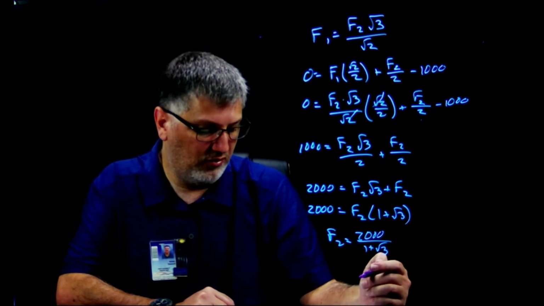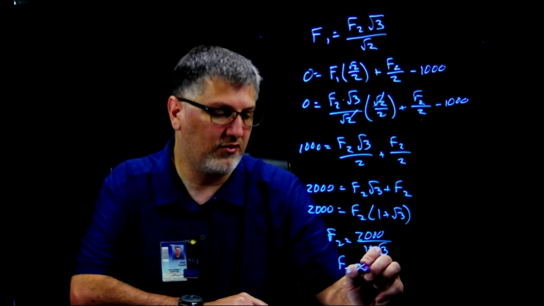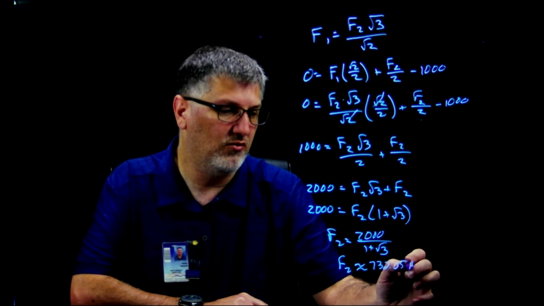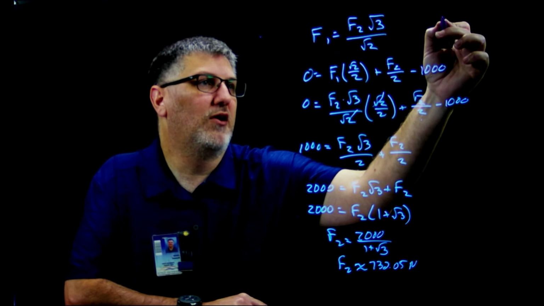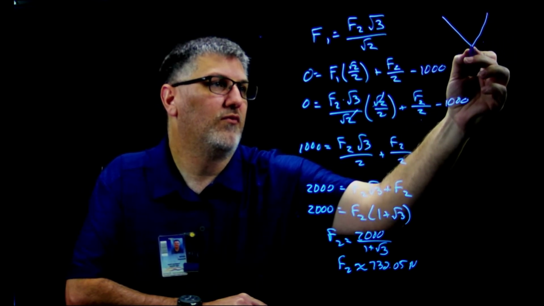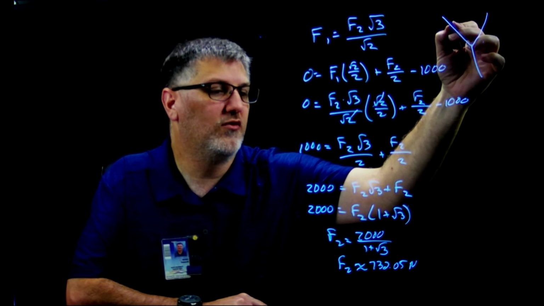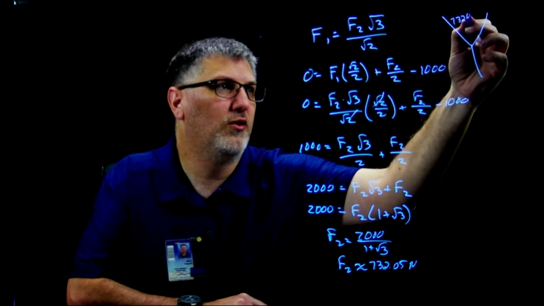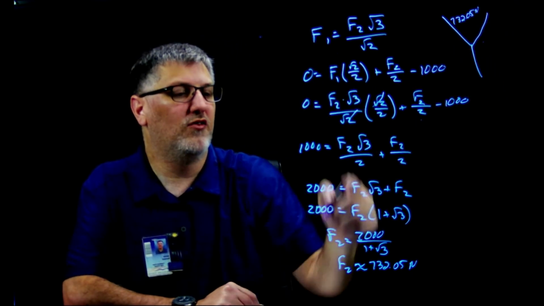You just put that into the calculator, and I'm going to get my F sub 2 is approximately 732.05 newtons. So back to my original diagram, the force on this one, because this is what I define as force cable 2, force 2, is 732.05 newtons. Now, I already know what force 1 is. I know force 2.